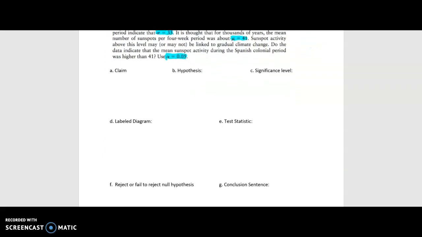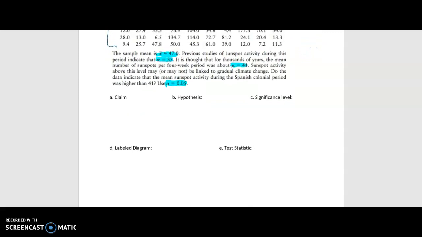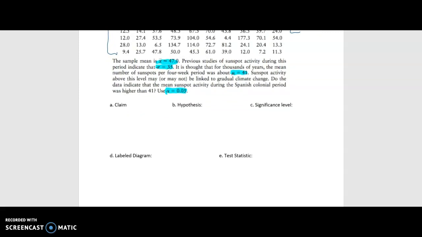So let's go ahead and write in our claim, our hypotheses, and our significance level. The question asked is, do the data indicate the mean sunspot activity during the Spanish colonial period was higher than 41? So our claim is that the mean is greater than 41. Our claim should always be in a symbolic form.